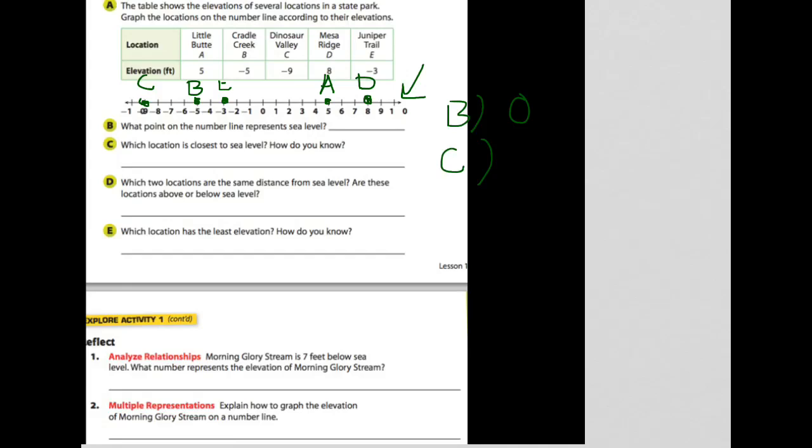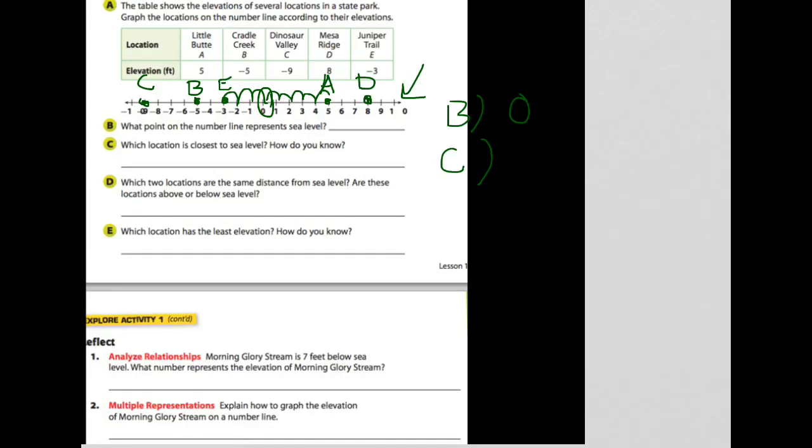So looking at the number line, which one of these is closest to sea level? So I know sea level is 0, so I'm just looking for the one that's the closest distance from there. I see that E is about 1, 2, 3 units. And I see that A is 1, 2, 3, 4, 5 units.